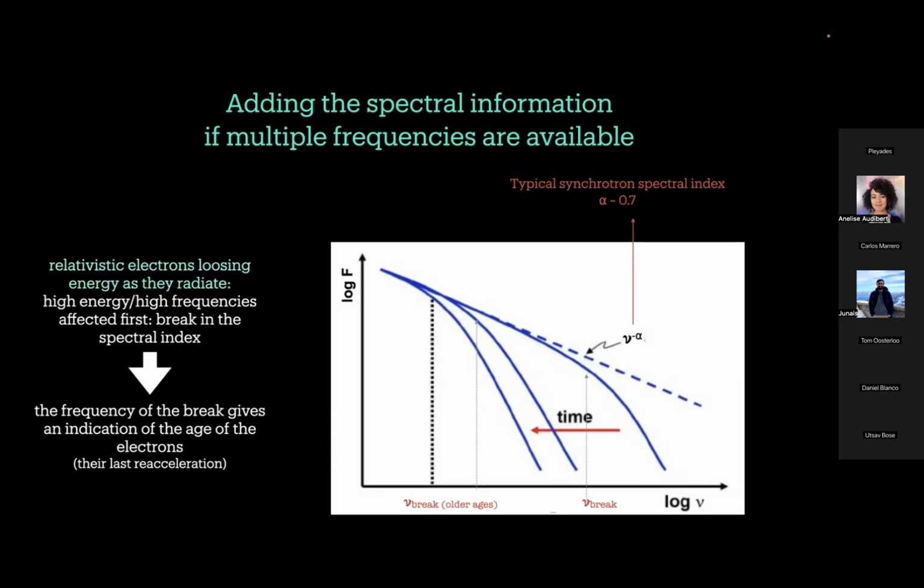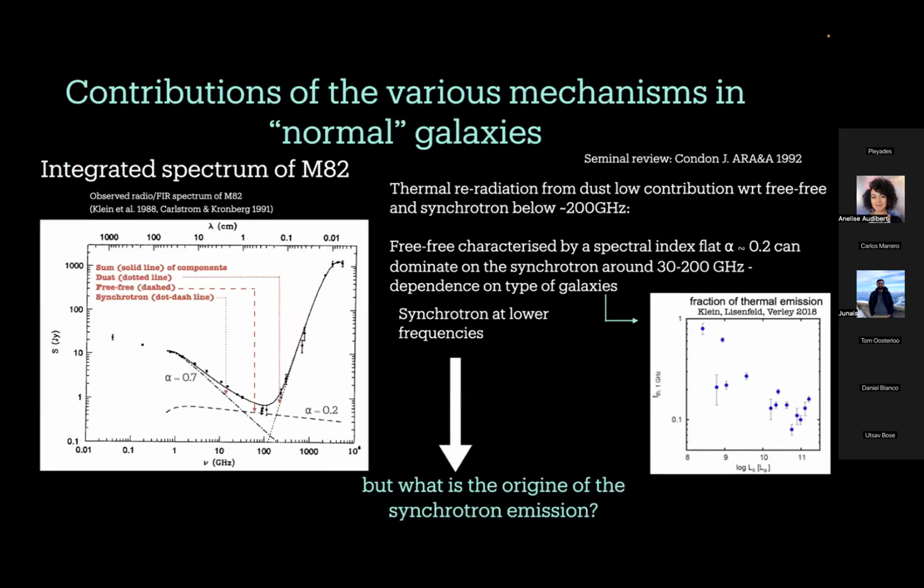It's not trivial, but you can do it. There is this signature. Okay, so in summary, you have these two mechanisms, and here I took what is definitely not the normal galaxy, but for now, let's call it a normal galaxy, M82. So this would be the combined spectrum of M82 from radio to millimeter.